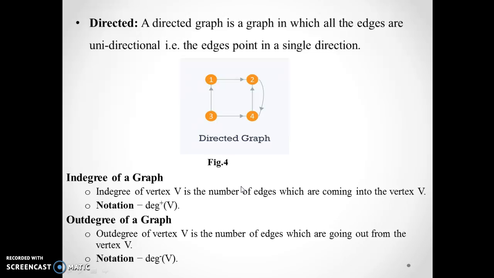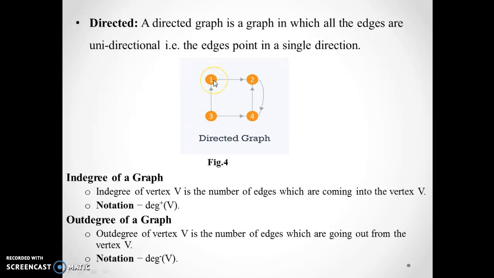Now, the second type of graph, that is directed graph. A directed graph is a graph in which all the edges are unidirectional, that is, the edges point in a single direction. As shown in figure 4, 1, 2, 3, 4 are the 4 vertices of the directed graph, and the edges are connected within those 4 vertices.